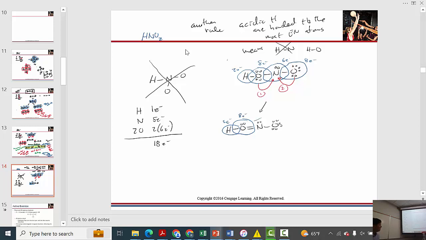But now nitrogen has an octet. And this oxygen over here has an octet. No, it's the formal charge. Yeah. The formal charge is going to be all screwed up.